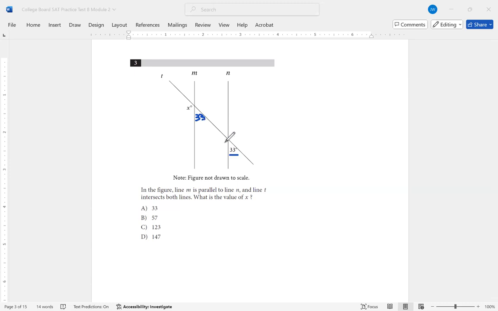So the angle here is the same as the angle here.